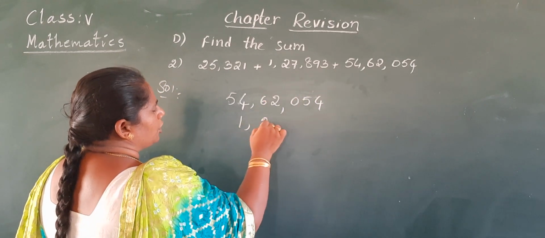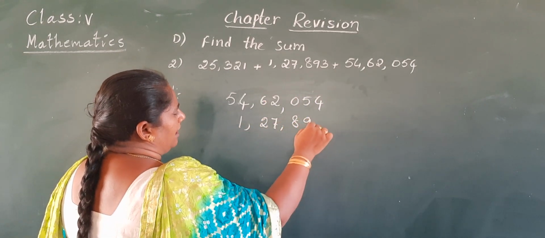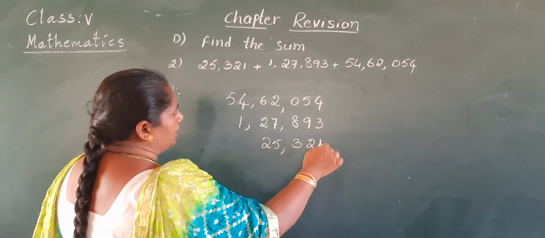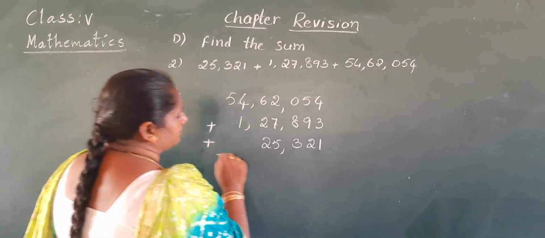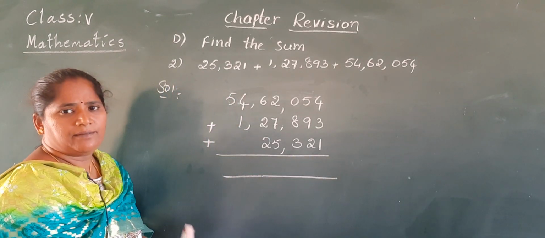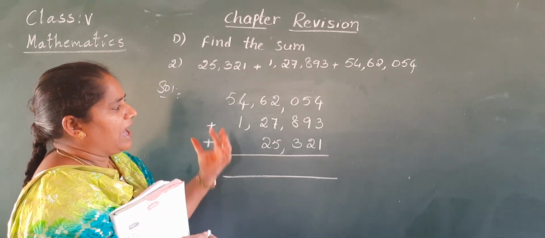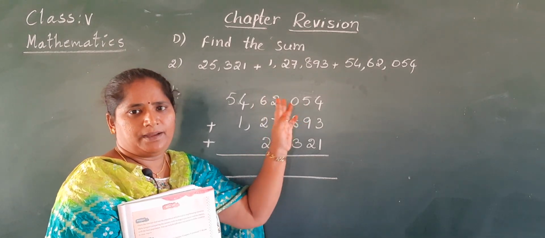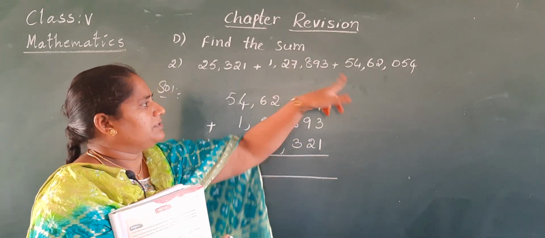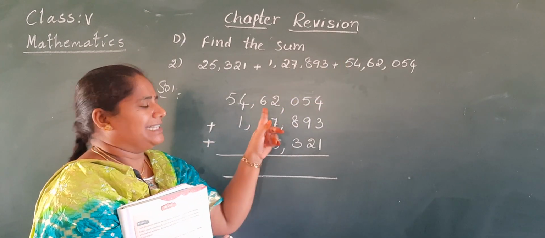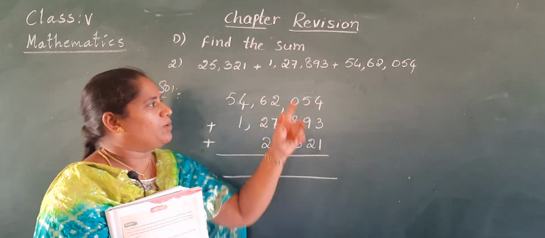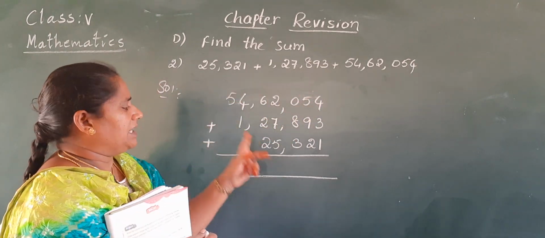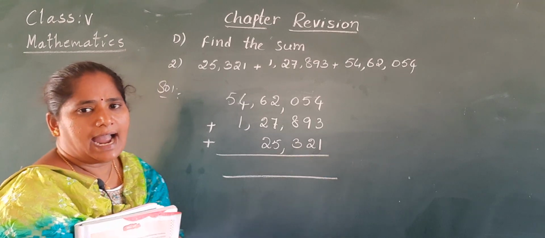Now 1,27,893. Now 25,321. Like this we have to arrange. While adding the numbers, first you write the big number on the top. Add these numbers.